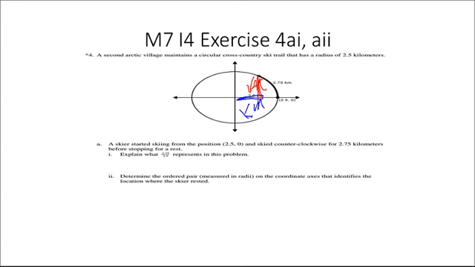We want to know the skier's position relative to the vertical diameter and the horizontal diameter in terms of radius lengths. So based on what we know from part AI, we can establish that theta in radians, this theta here, is equal to 1.1 radians, or radius lengths.